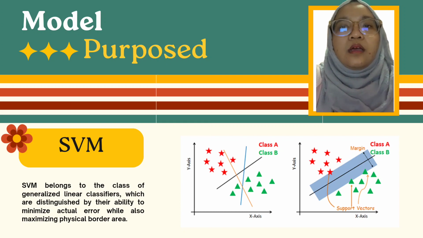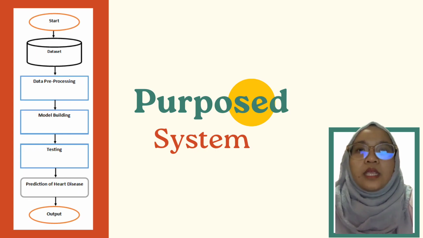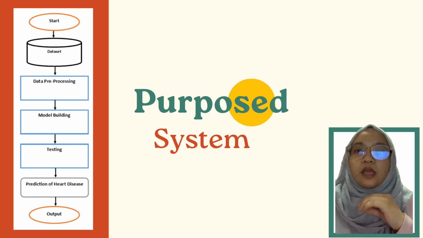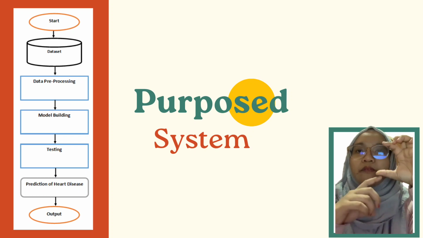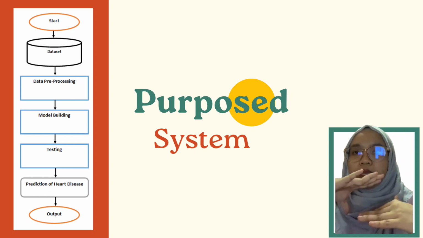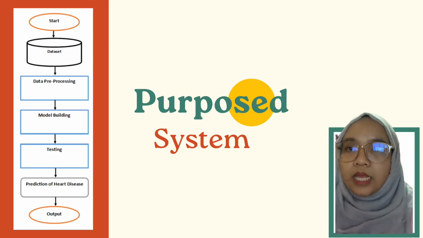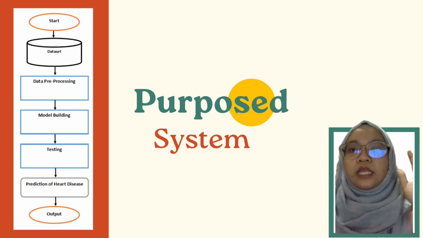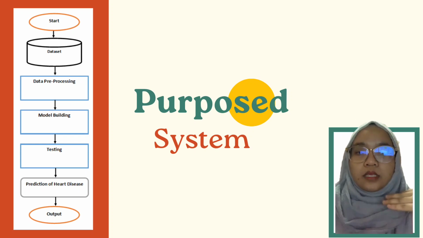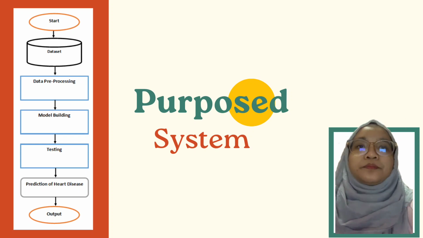And for the proposed system, in the flow chart, we start with start, and after that comes the data set, third data processing, then model building, testing, and then prediction of heart disease, and the last one goes to the output.